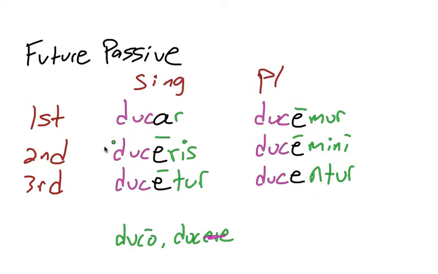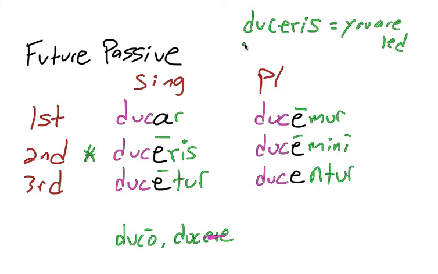And this macron here in the second singular is actually really important, because if you remember back to the passive, the second singular ends in an E as well. So duceris is you are led, but duceris, with a long E, means you will be led. Okay, so it's really, really important that we have this macron here in the future.